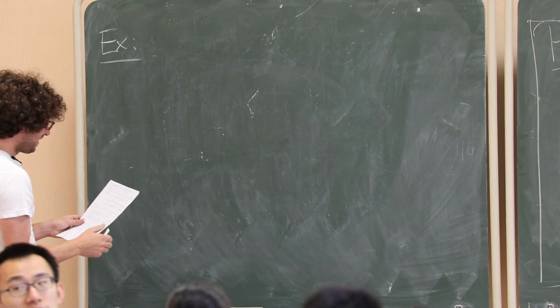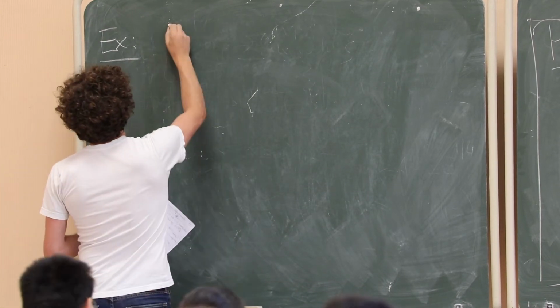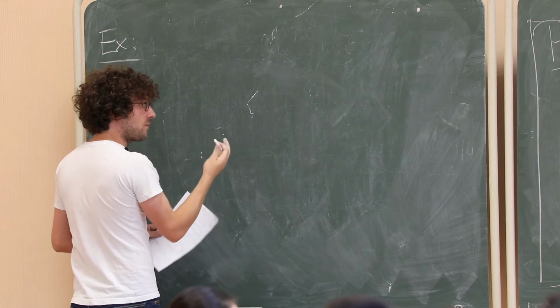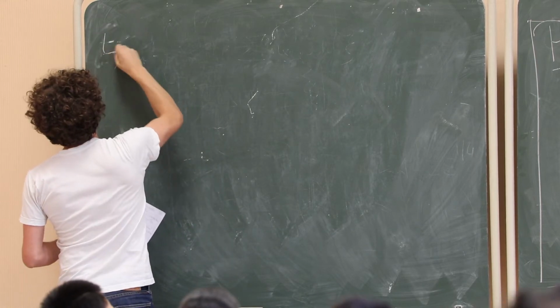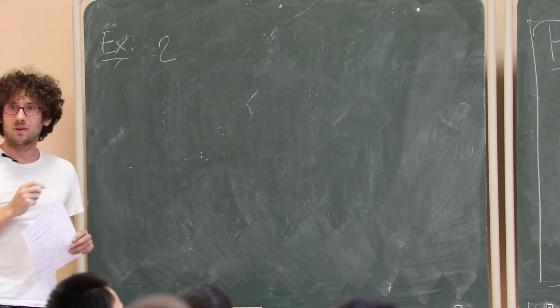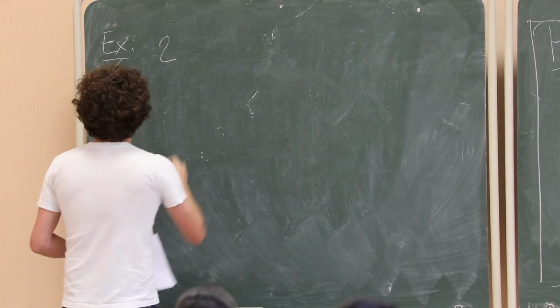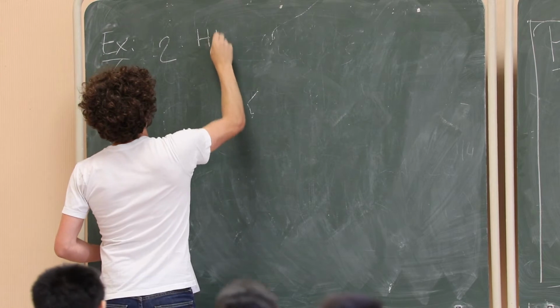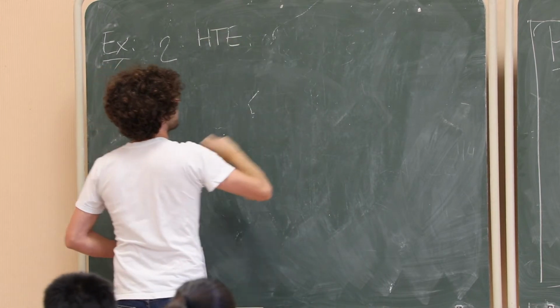Okay, good. So exercise. Define three things. So you define eta, which is a high temperature expansion in the following sense.